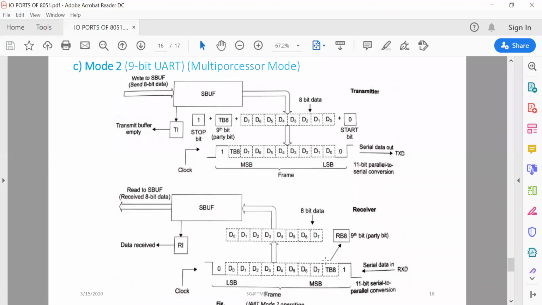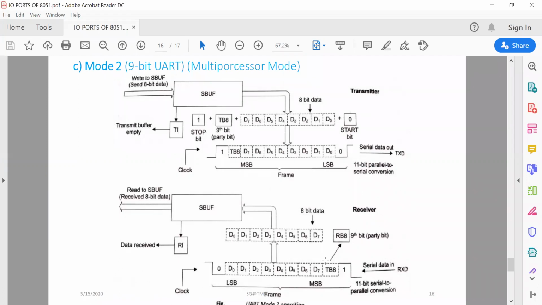The start and stop bits are separated by the hardware once the complete frame is received, and the ninth bit obviously goes into the RB8 of the SCON register. So that is in the multiprocessor system.